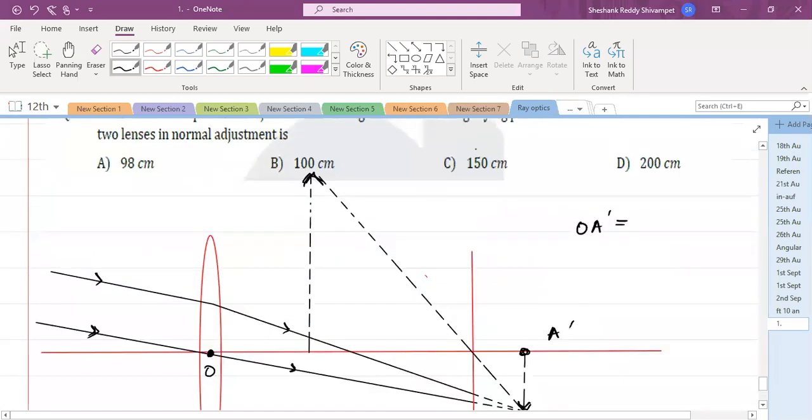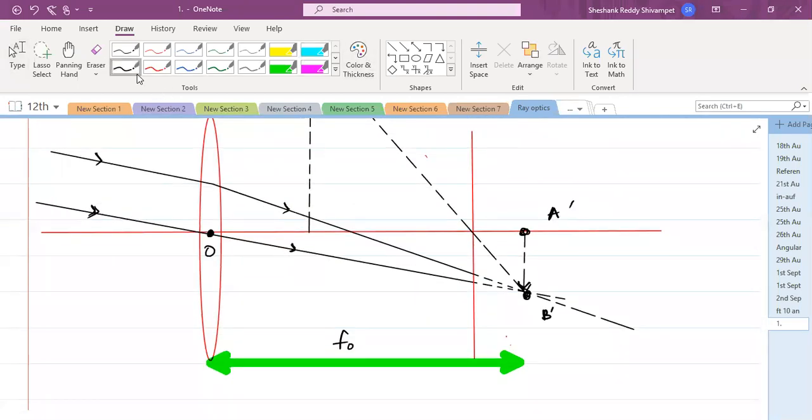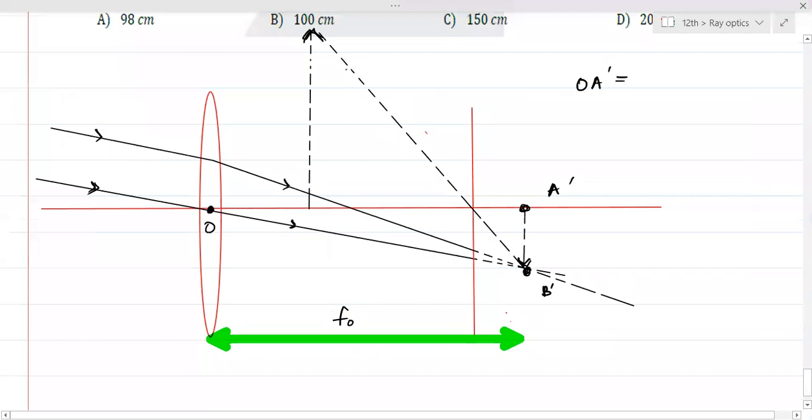Okay? And then when it passes through the concave lens, तब क्या हो जाएगा? You are getting the image as A double dash and then B double dash. Now यहाँ पे if I need the distance between the objective and the eyepiece.